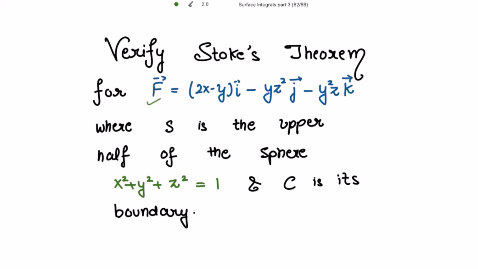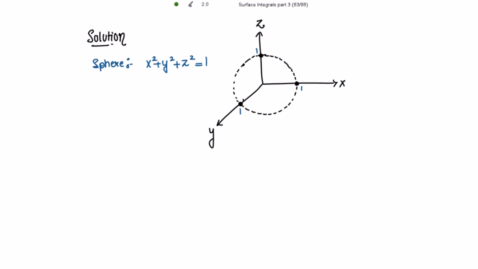Stokes theorem for this function, where S is the upper half of the unit sphere and C is its boundary. C is its boundary means that if I take this sphere, the boundary C is the circle intersecting the xy plane.